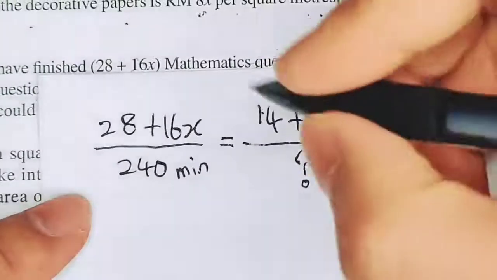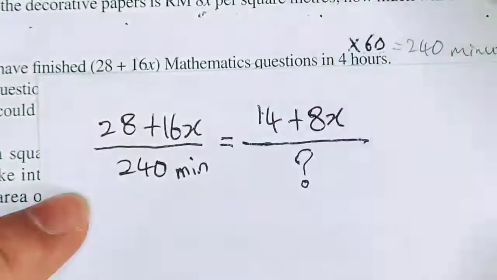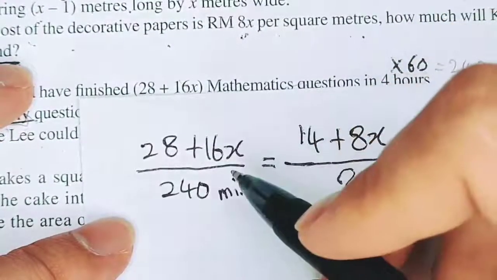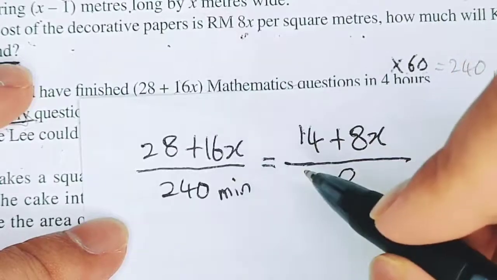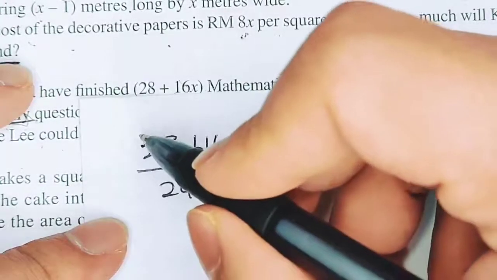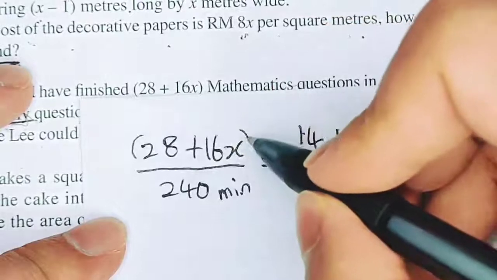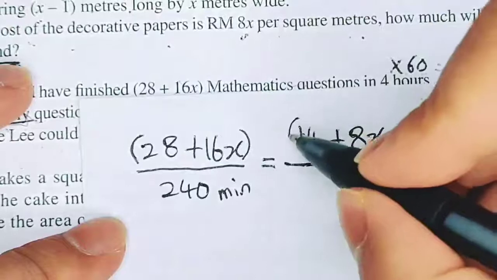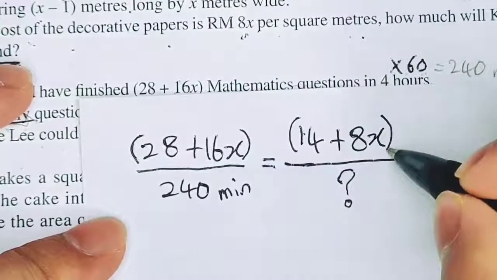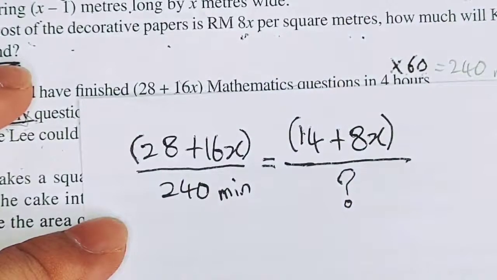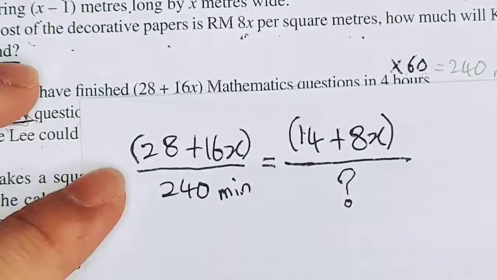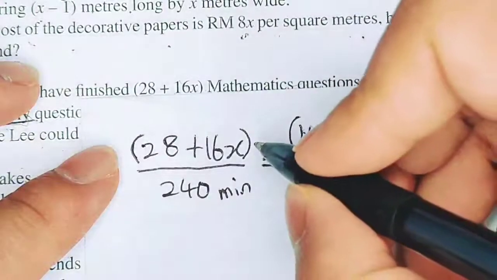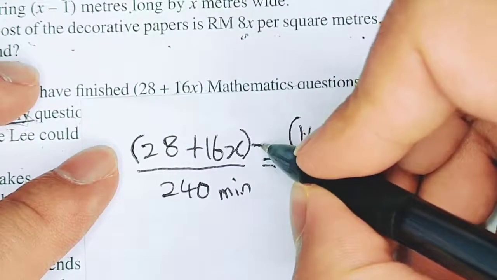Okay. The same concept, the same process. You should ask yourself, how is this going to become this? Got any idea? Yes. We divide by 2.